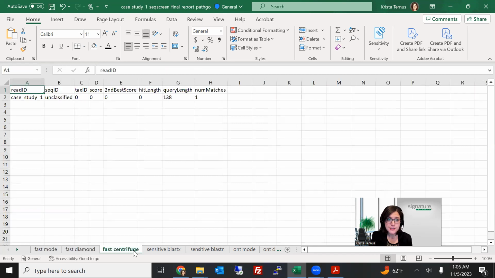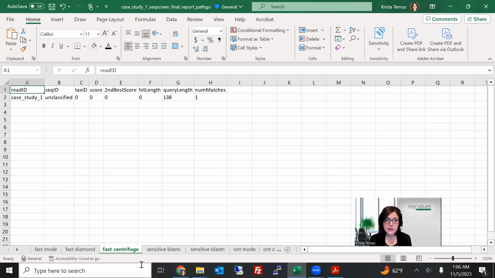Fast mode also runs Centrifuge, but in this case, Centrifuge did not come to any good conclusions about the sequence. It was unclassified. I think it's worth noting that the Centrifuge database that we use with SeqScreen is only a microbial database. So if any of the sequences come from eukaryotes or other non-microbial organisms, that will not appear in the Centrifuge database, and it will not be able to be detected with Centrifuge in the way that we're using it here.